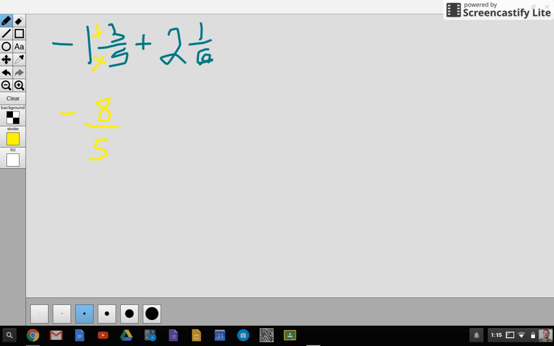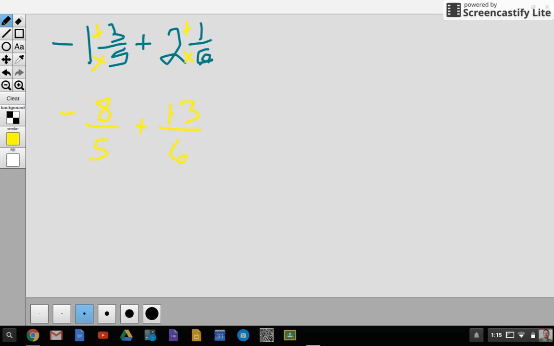And I'm still going to be negative. So that's negative 8/5. Again, multiply here, add here. 6 times 2 is 12, plus 1 is 13 over 6.